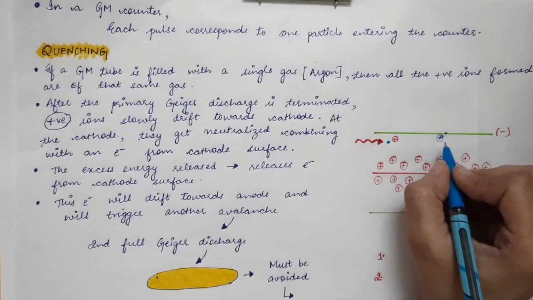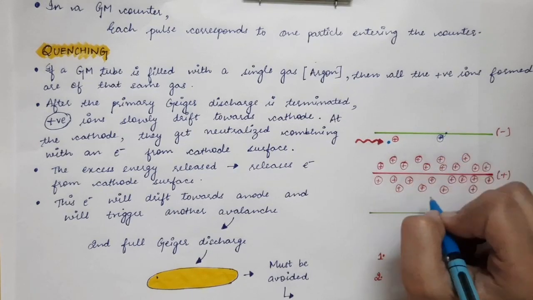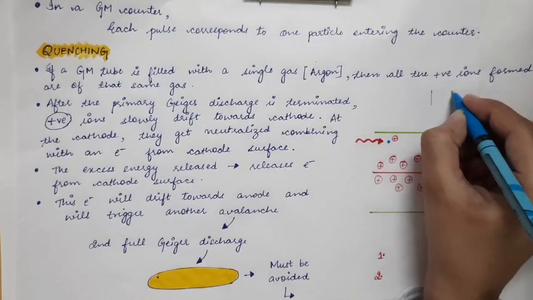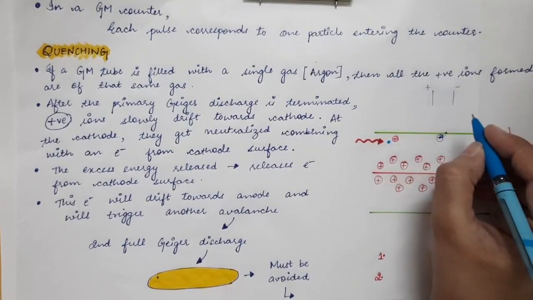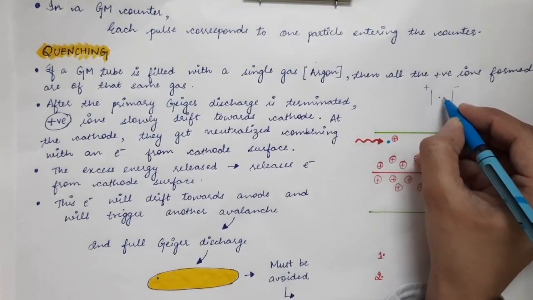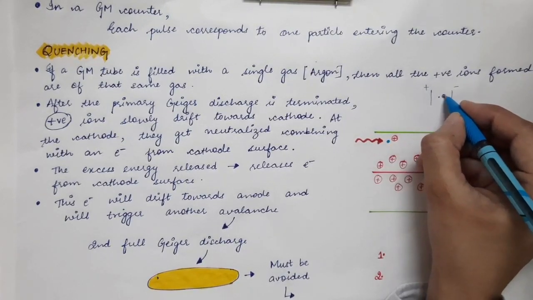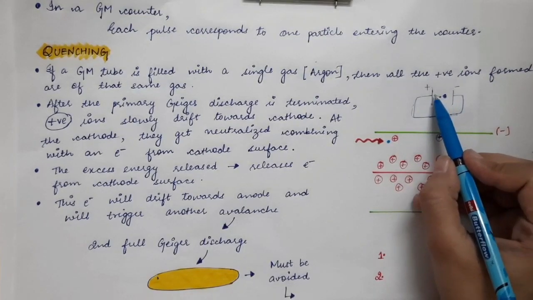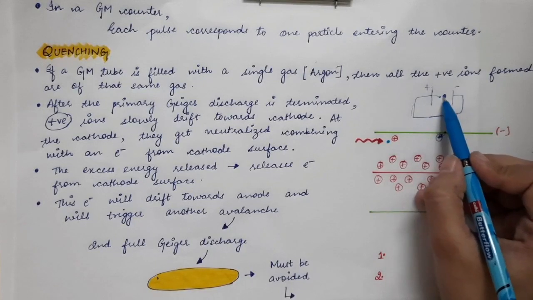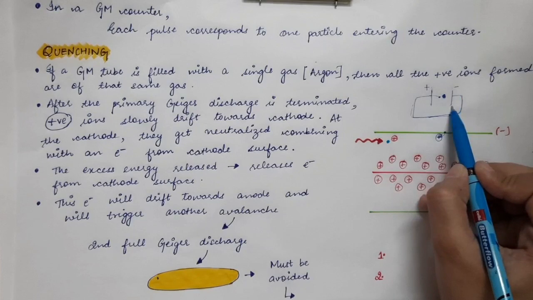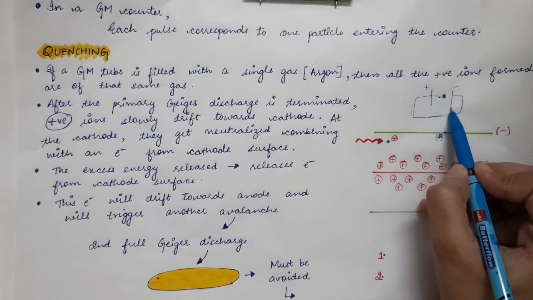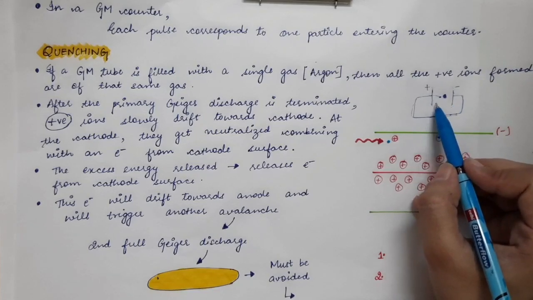But what happens in addition to this process? This is a very common process: if there are two electrodes, one positive and another negative, the negative charge, the electron, reaches the positive electrode, and the positive ion, when it reaches the negative electrode, takes one electron from this electrode and gets neutralized.